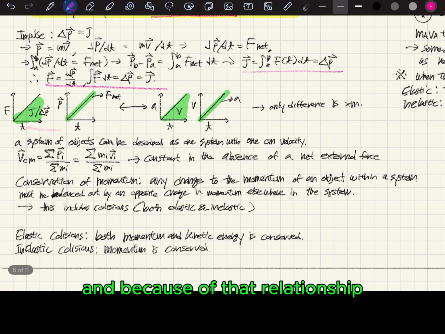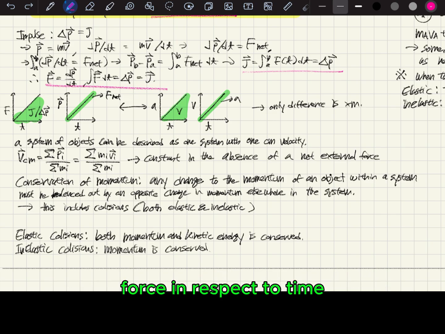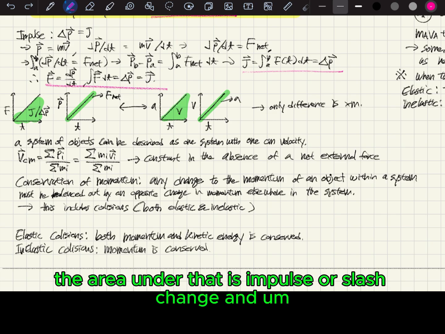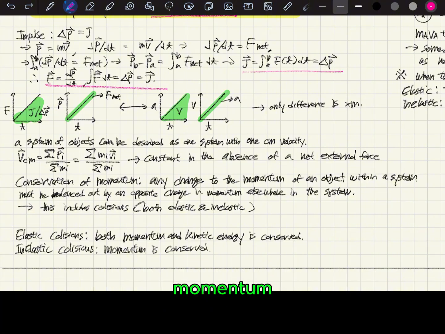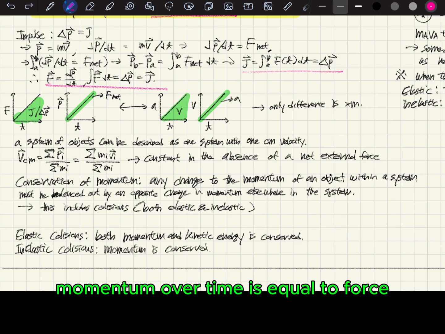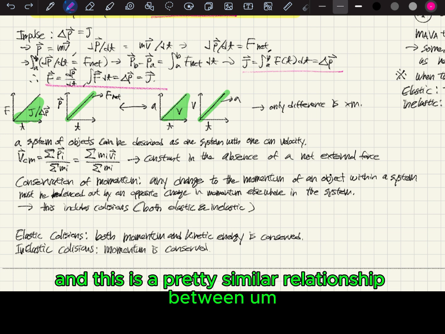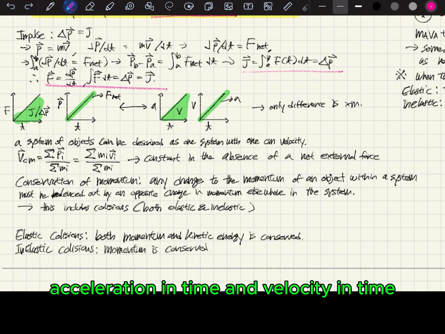Because of that relationship, we can also draw these graphically. For force with respect to time, the area under the curve is impulse, or change in momentum. For momentum with respect to time, the slope is the force, because momentum over time is equal to force. This is a pretty similar relationship to acceleration in time and velocity in time.